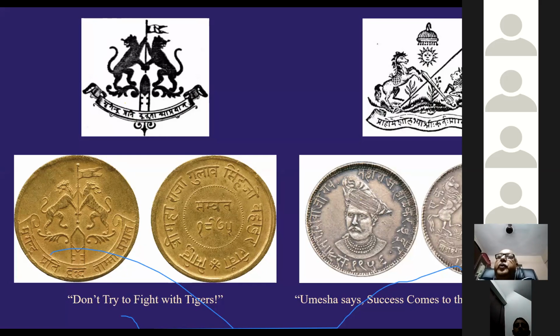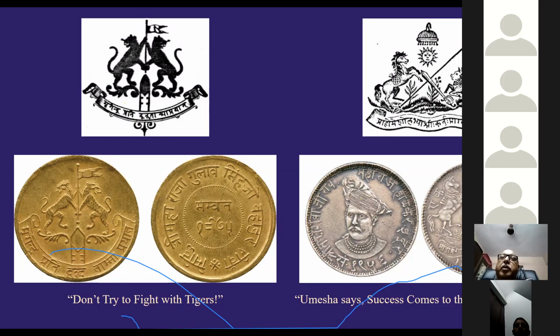And in Sanskrit, it reads "Mrugendra prati dvandva tamma prayat." Don't try to mess around with tigers. The example on the right is the coat of arms of Indore state, and the motto there is "Prahomesho labdhya shri kartuh pararabdhat," which says success comes to one who tries hard for it. So this is the motto of Indore state.